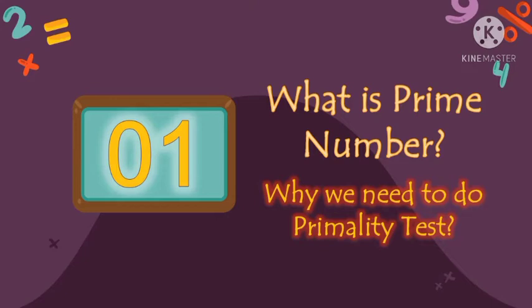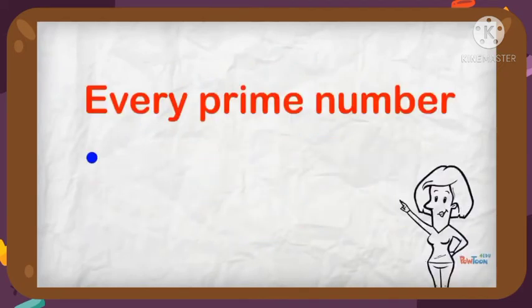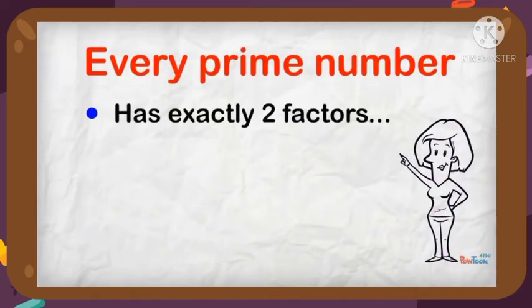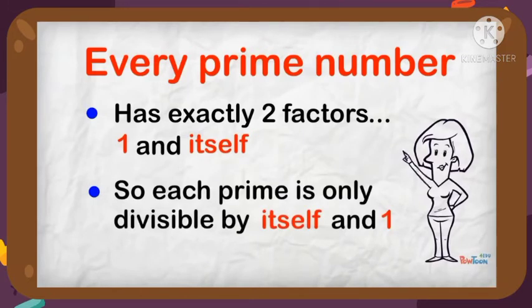Let us continue this video lesson by learning what is prime number. First though, do you know what a prime number is? Every prime number has exactly two factors, and they are 1 and the number itself. Or to put this another way, each prime number is only ever divisible by itself and 1.